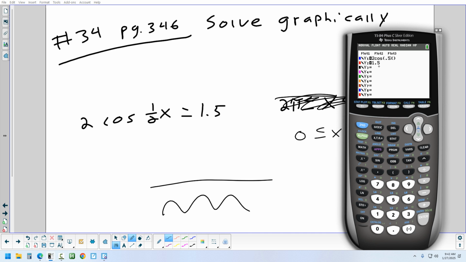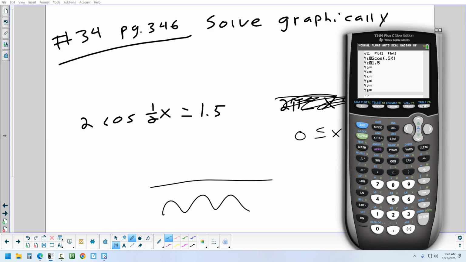Why wouldn't a cosine function normally hit a horizontal line at 1.5? I was just looking at regular cosine, the top one. Yep. Regular cosine function wouldn't hit y of 1.5 because it only goes up to 1. But this one is going to hit because we've done a vertical stretch of cosine by a factor of 2.